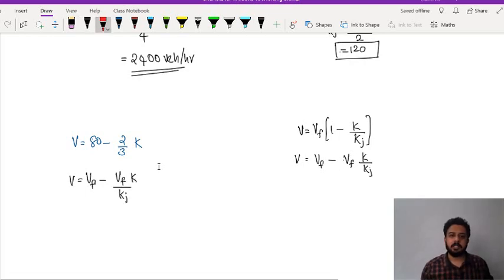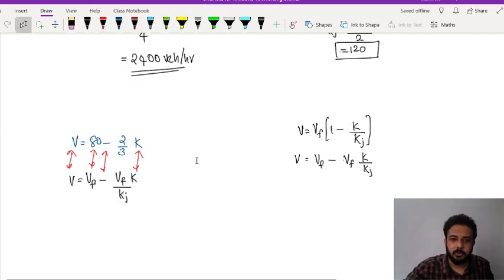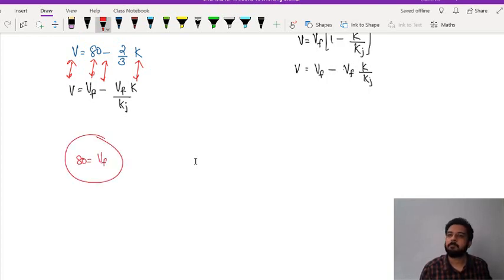Do you feel these two equations are somewhat similar? Yes. V and V is there, something 80, this is resembling, there is a minus sign here, there is a K here, correct? So directly from here we can write 80 is equal to Vf. We are getting Vf is equal to 80.